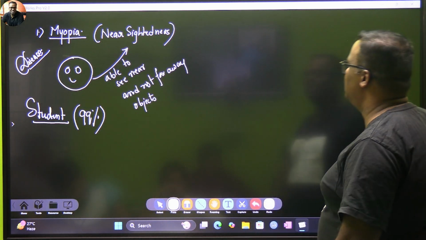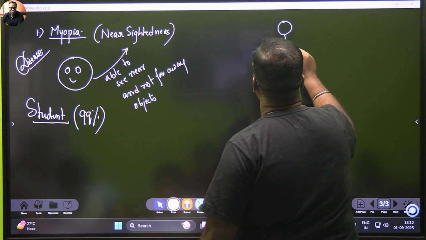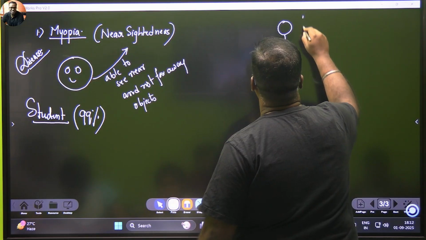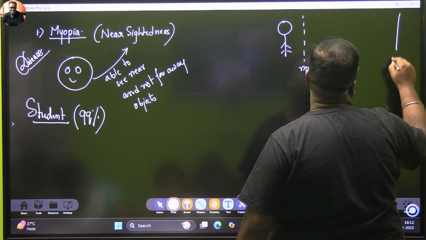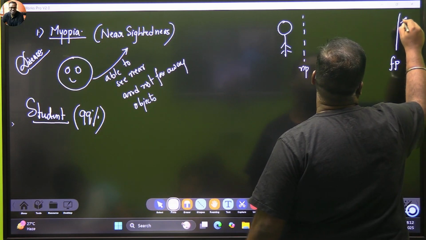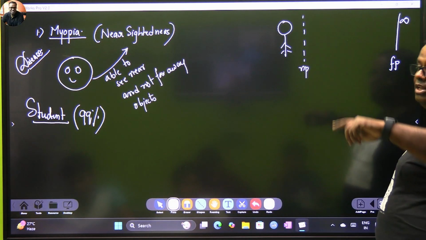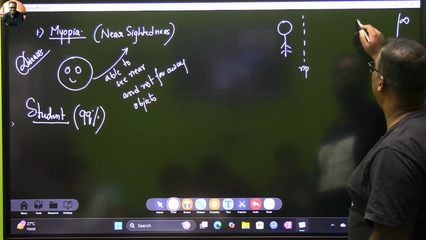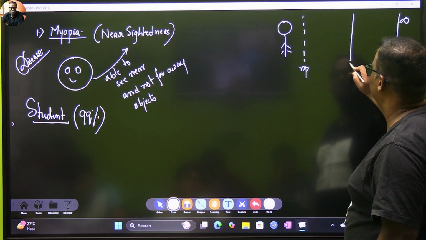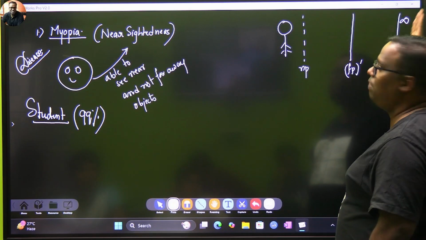If you want to understand a little from a grade 10 perspective, for a myopic person, his near point has no issues, but his far point, which should be infinity, has actually come near. This is his far point. That's why he can't see far off things.